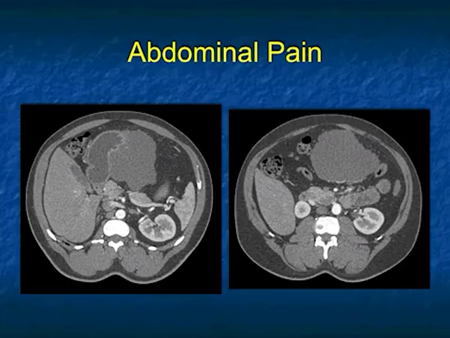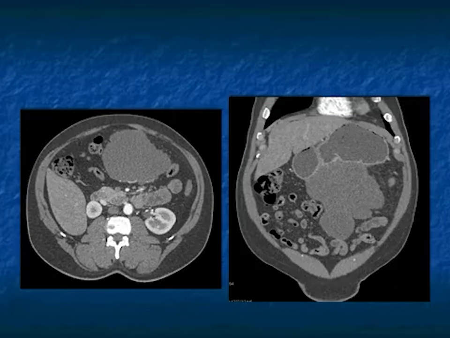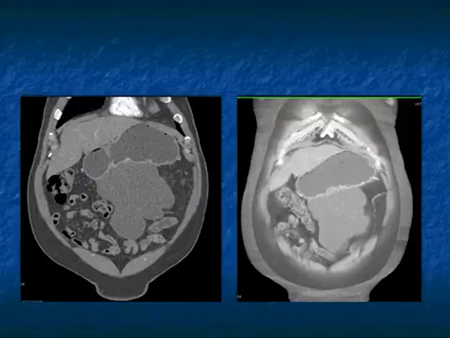Abdominal pain. Large mass arising off or extending to the stomach, kind of cystic. And you can see it really nicely coming off the greater curvature on the coronal views. Lobular masses off the stomach, first thing and second thing and third thing I think about are GIST tumors. GIST tumors can be solid, they can be slightly vascular, it can be cystic, as in this case.